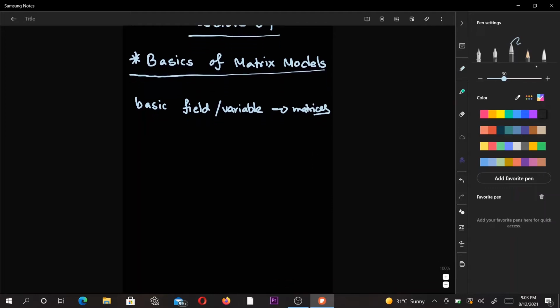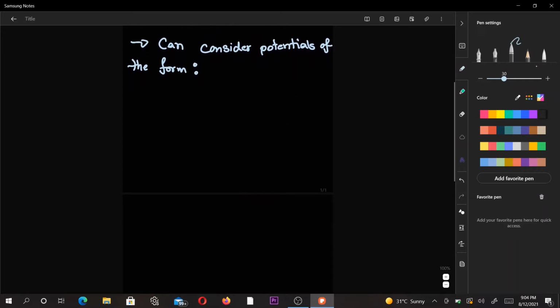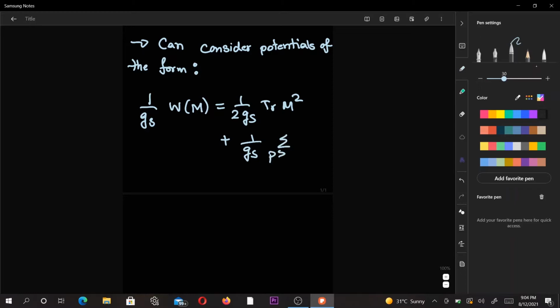So in the matrix integral, we can consider potentials of the form W(M) equal to one over GS, let's say, trace of M squared plus, with p greater than or equal to 3, G_p over p trace of M to the p.